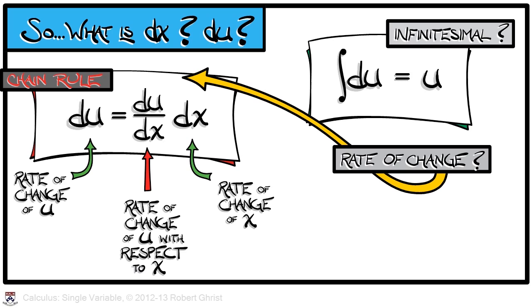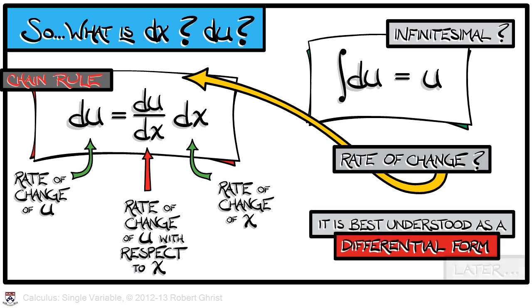That's a reasonable interpretation. It's not the full truth. The full truth is that these are differential forms. We are not, however, going to cover that in this single variable course.